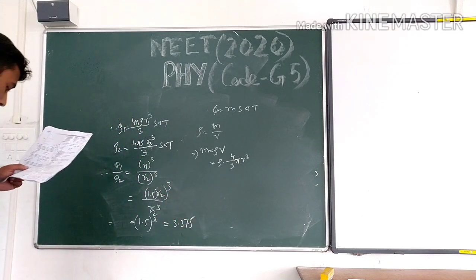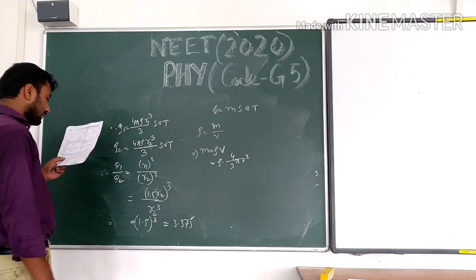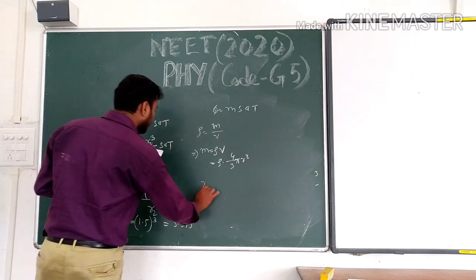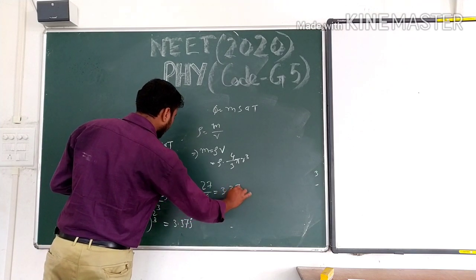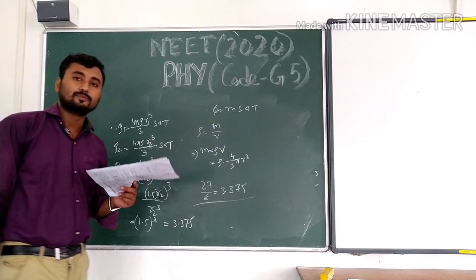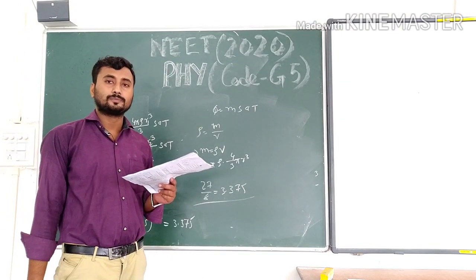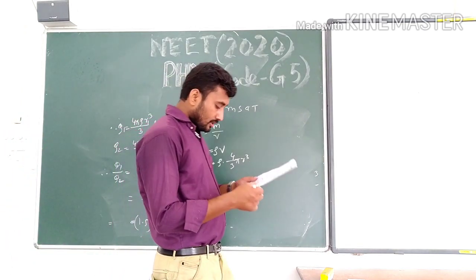Right? And here the options are 9 by 4, 3 by 2, 5 by 3, and 27 by 8. 27 by 8 is also equal to 3.375. Hence, option 4 is correct. Okay. So next question.